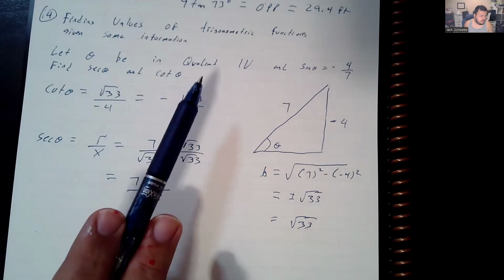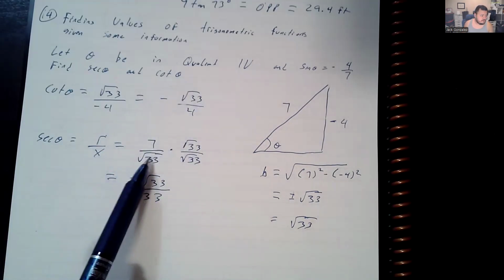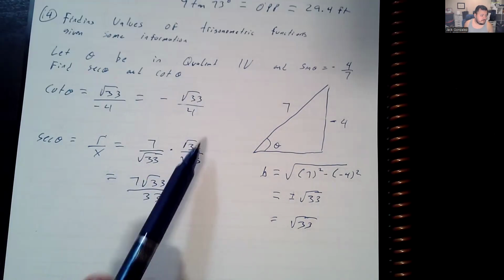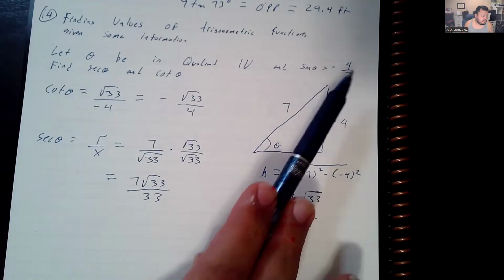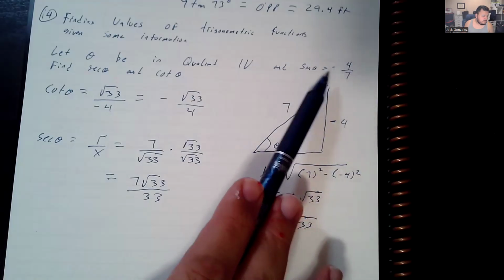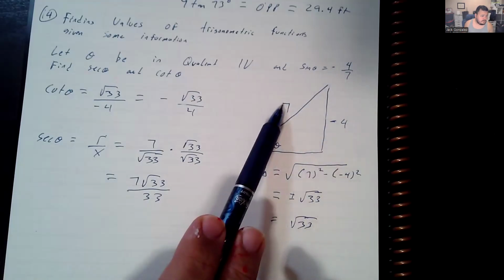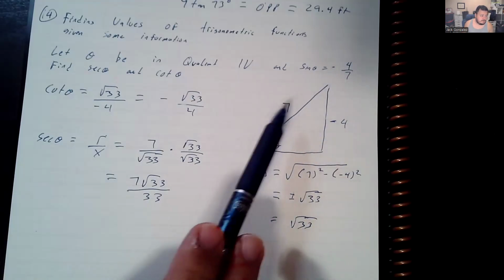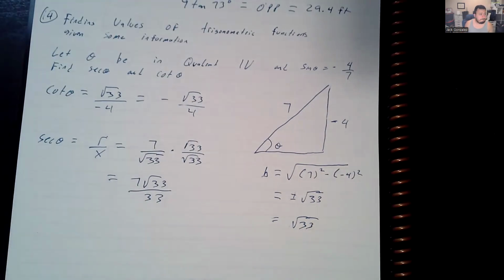So 4 means x is positive, y is negative. So x is chosen to be positive. Get rid of the root at the bottom, gets me to here. This one was already negative, -4/7. You always put the negative on the top, not the radius, because the radius is the distance, so that wouldn't make sense. Anyway, but that's all you really gotta know. Let's move on.